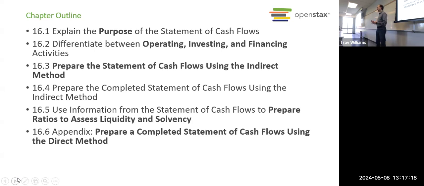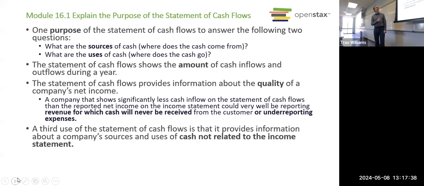But while you're learning it, it seems really complicated. So that's why we'll spend more time on that one. We'll also learn some new ratios, the free cash flow ratio, and a couple of variations on that. So that is what we'll learn this week.